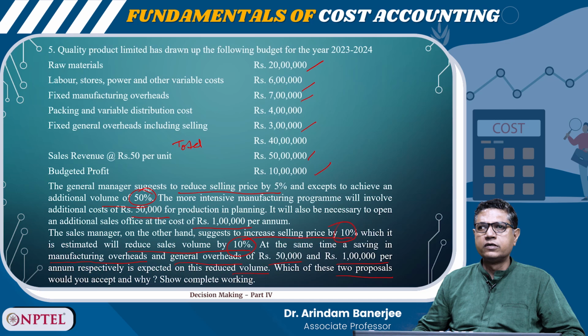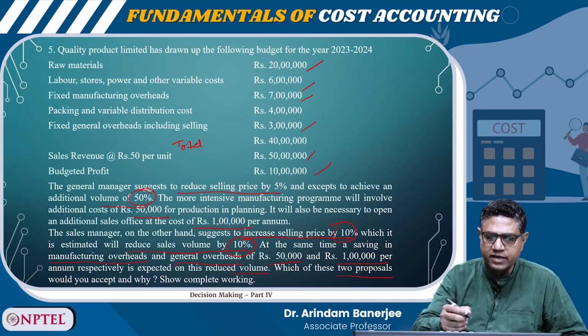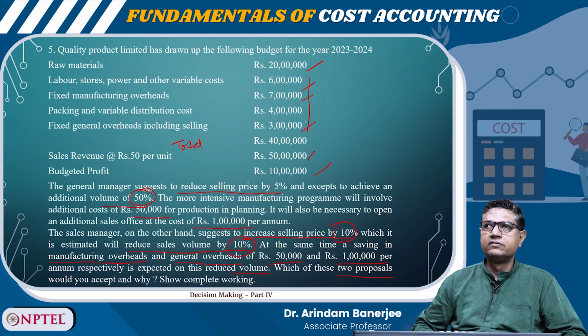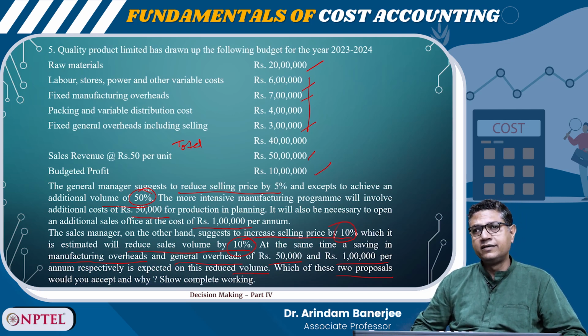Now, if you go back to the question, you see in the first case what is happening, additional costs are there. Here you see the variable and fixed costs are given. And of course, as I said earlier, variable cost changes proportionately with the level of sales.